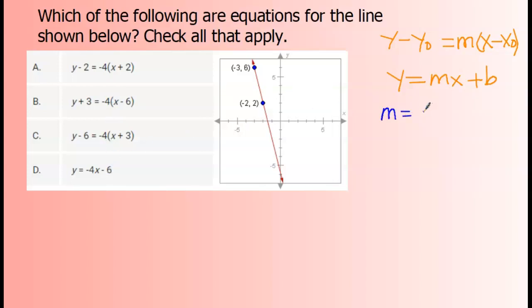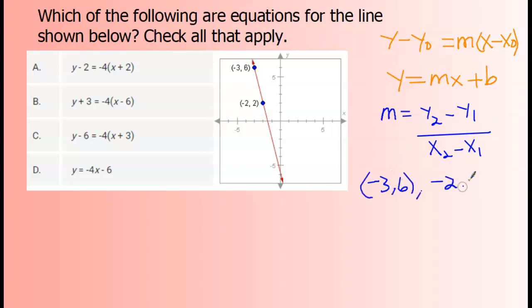but for the sake of more understanding, you're going to use y2 minus y1 over x2 minus x1 to find our slope. So we have 2 points, (-3, 6) and (-2, 2). We connect y to y and x to x. So our slope: we start from here, 2 minus 6 over -2 plus 3, because this is -3.